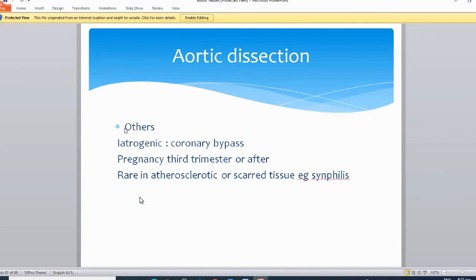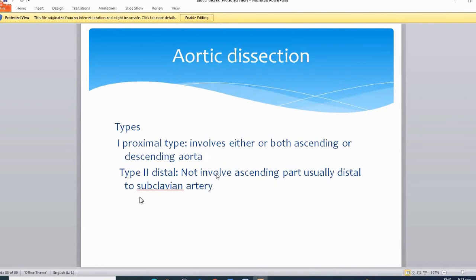Other causes are iatrogenic, for example by coronary artery bypass. In pregnancy, third trimester or after delivery, this can also be seen because of altered hormones, which lead to relaxation of the smooth muscle cells in the vessels. Rarely in cases of atherosclerosis or scar tissue, for example syphilis.